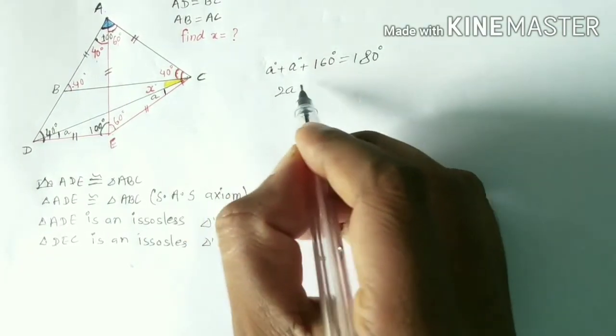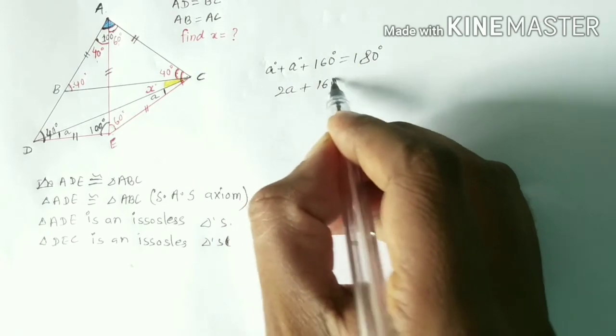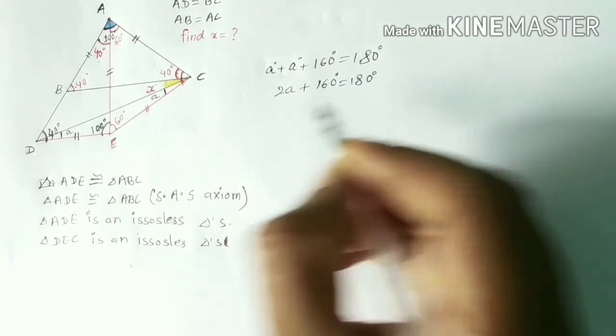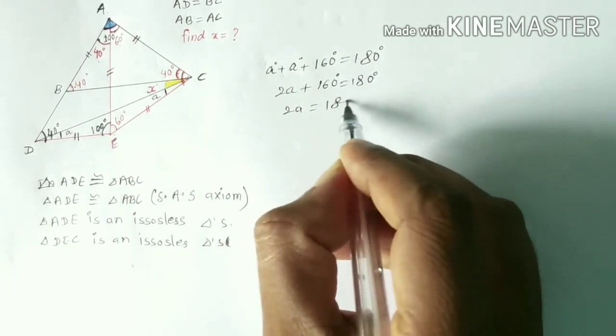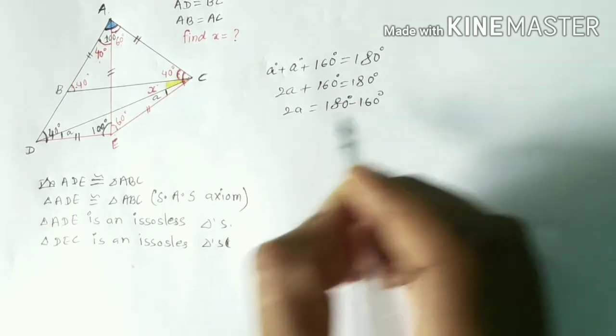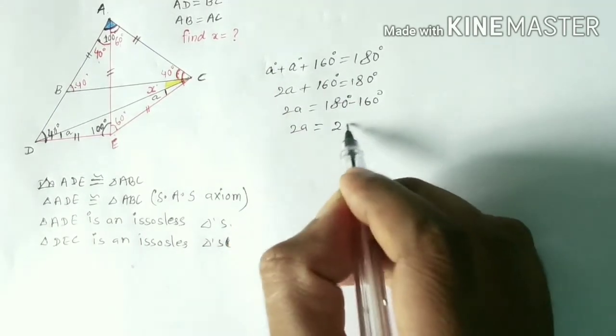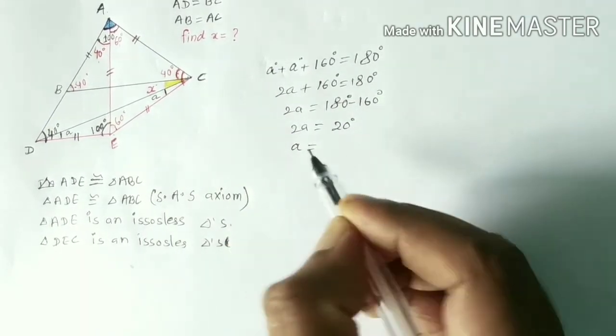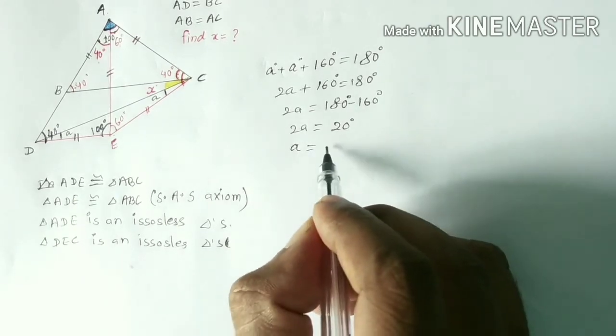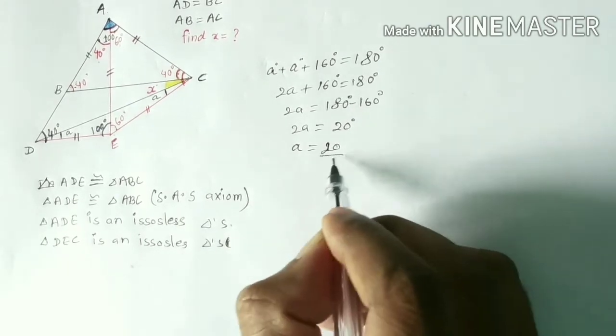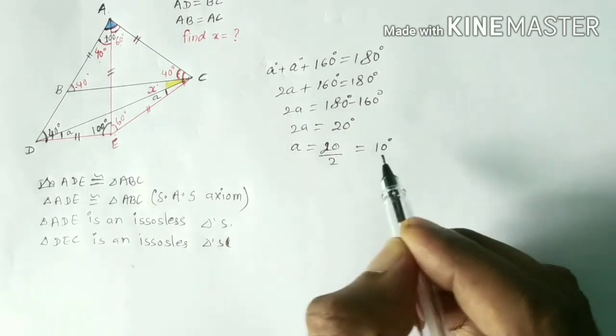It means 2A plus 160 degrees is equal to 180 degrees, or 2A is equal to 180 degrees minus 160 degrees. So 2A is equal to 20 degrees, or A is equal to 20 divided by 2, that is equal to 10 degrees.